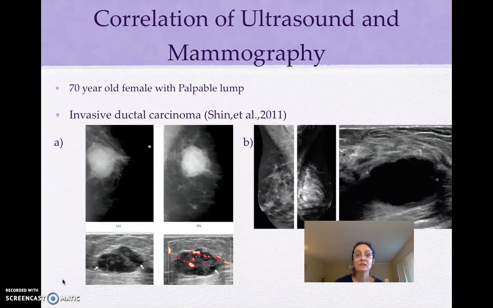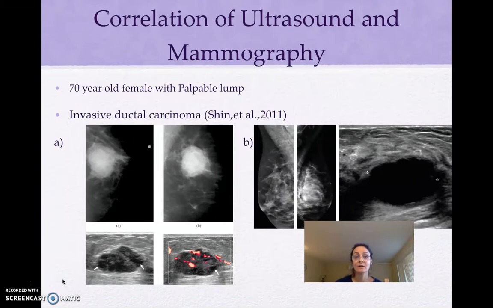So for the screening of more women in a shorter time, it's better to use a faster way. But then the ultrasound is more expensive, and it's also more comfortable. Some women prefer ultrasound for screening over mammography, but it takes a lot of time, and it's not actually recommended for a screening.